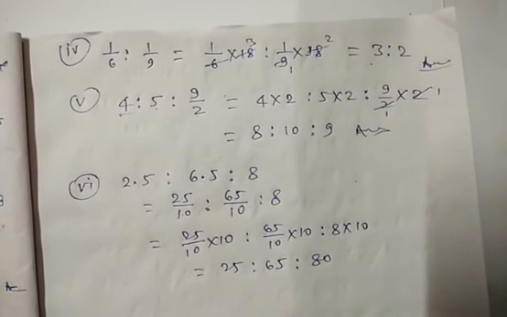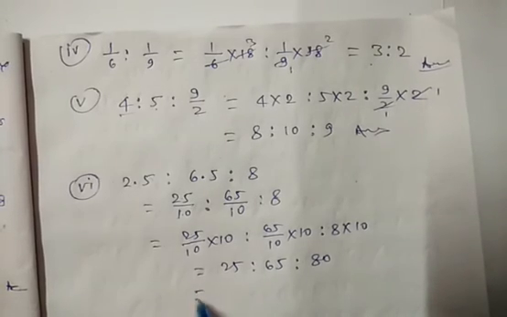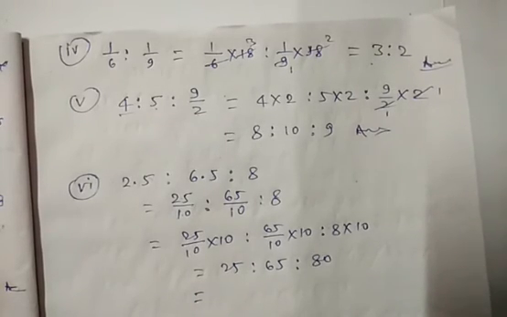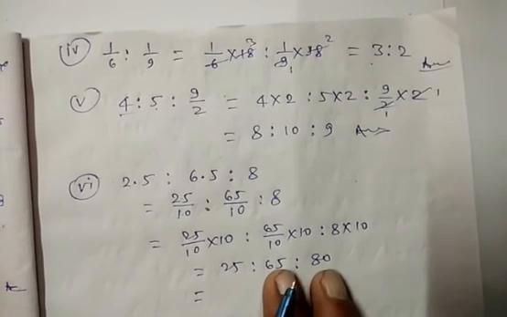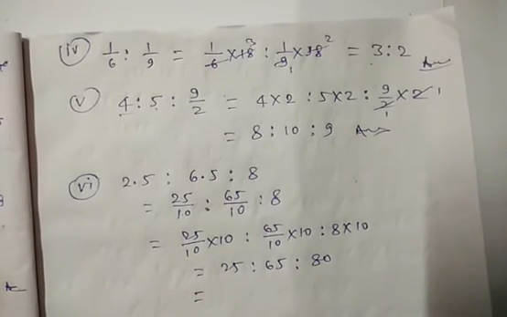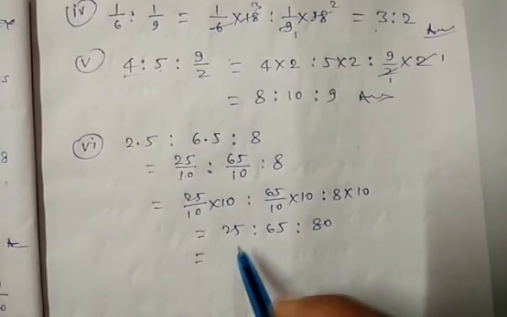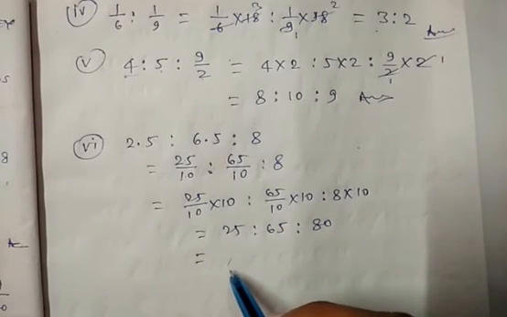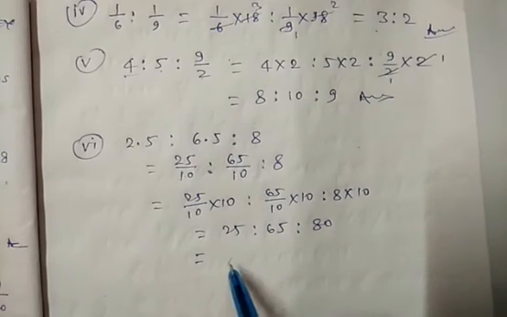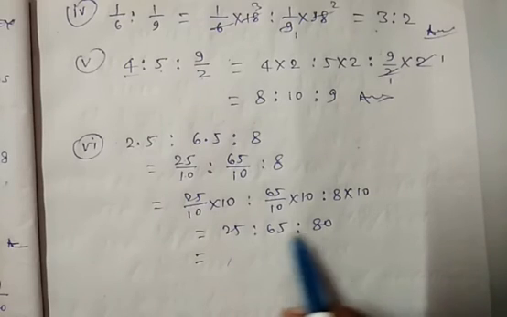Here we see that these terms have an HCF other than 1. Now we need to divide these terms by the HCF of the given terms. Now the HCF of the given terms is 5.